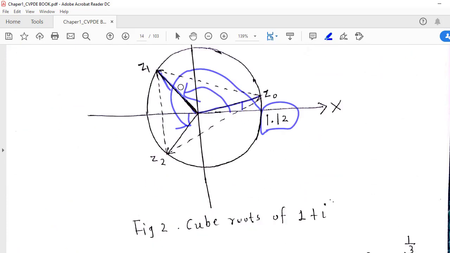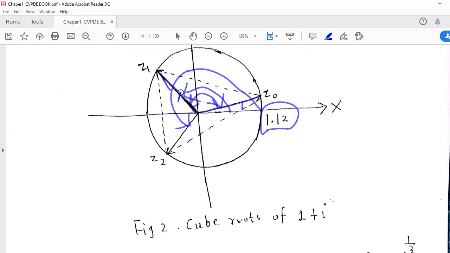Another observation is the angle made by the vector representing z1 and the angle made by the vector representing z0. Again I repeat, the angle between z0 and z1. This is the angle between the vectors representing z0 and z1.